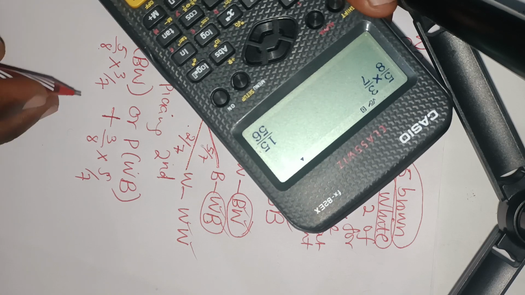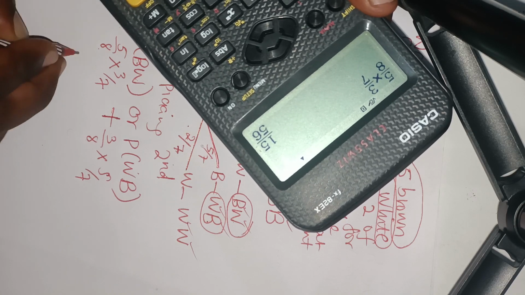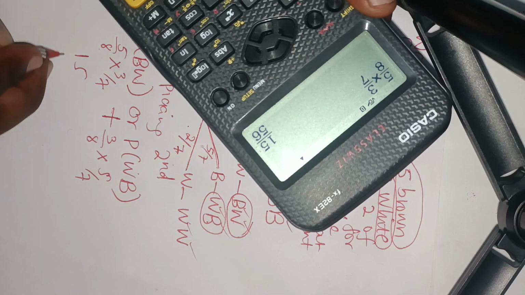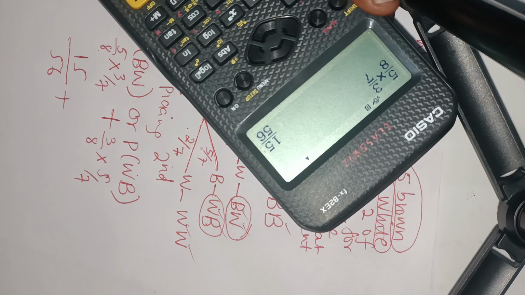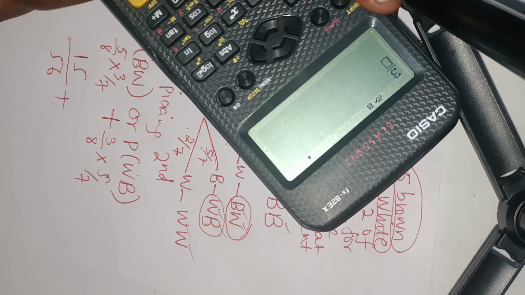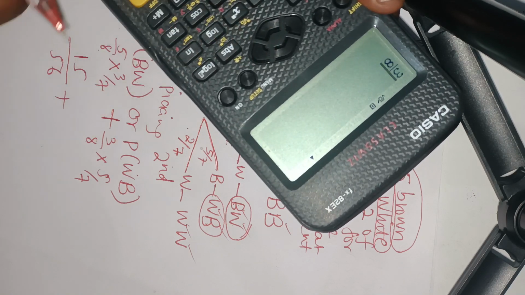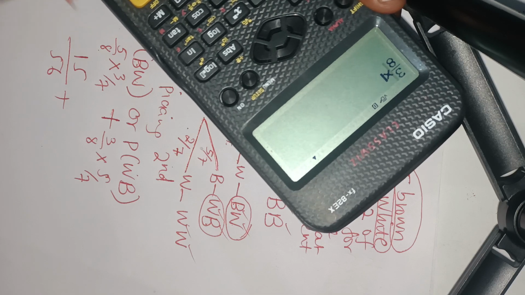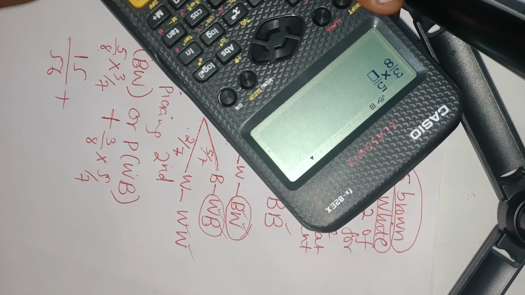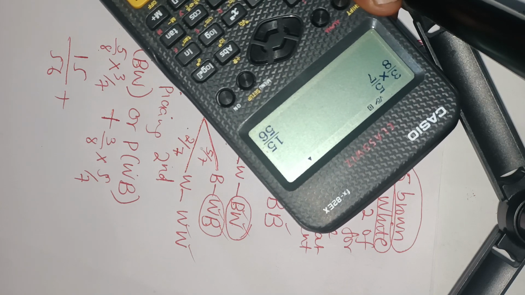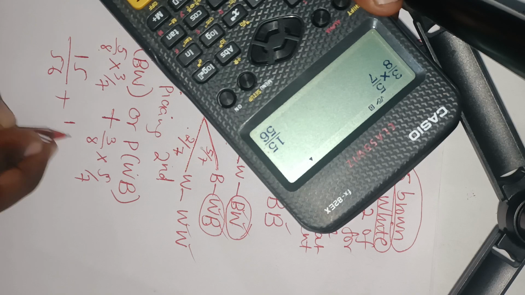Our answer is 15/56. So we have 15/56. Then I'll pick 3/8. Then you multiply this with 5/7. That is again 15/56.